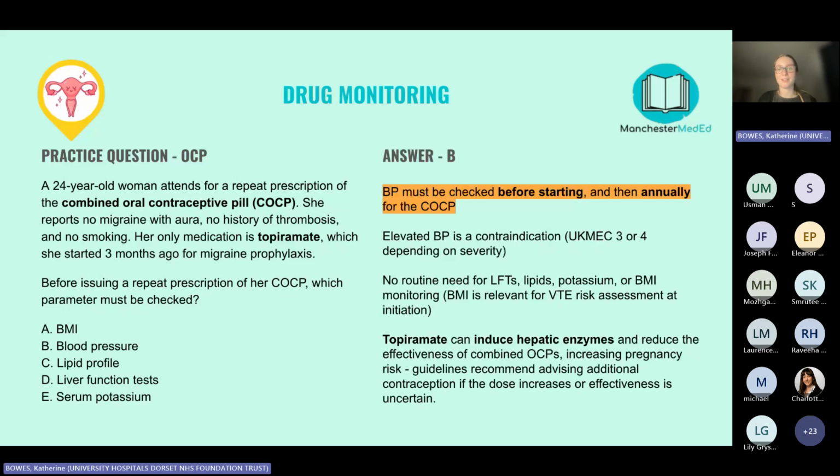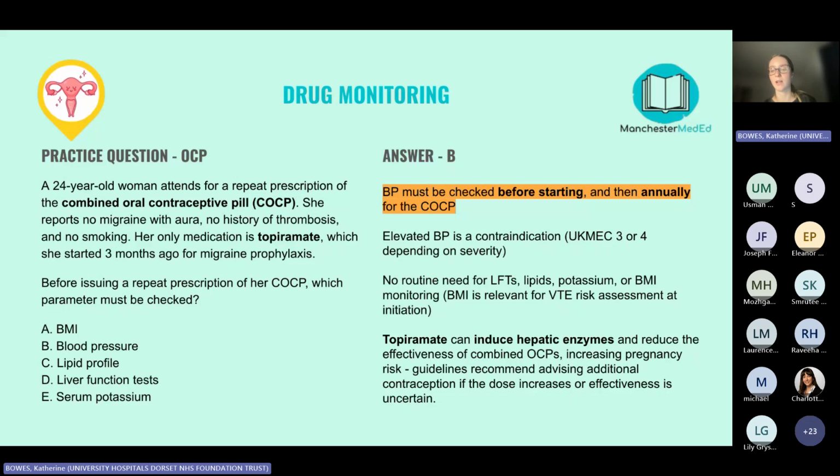Okay, so blood pressure. I sort of alluded to the answer just a few slides ago. Blood pressure is really important for combined pill monitoring, and uncontrolled blood pressure would be a contraindication. One of the learning points here is that the patient is on topiramate, which is a hepatic enzyme inducer. So that was a bit sneaky here.